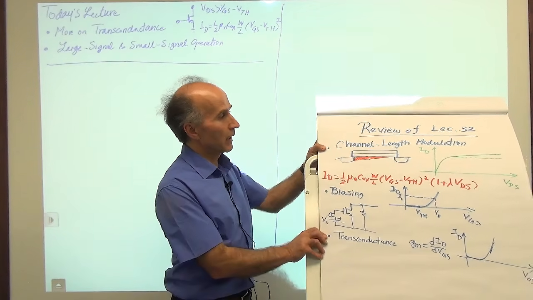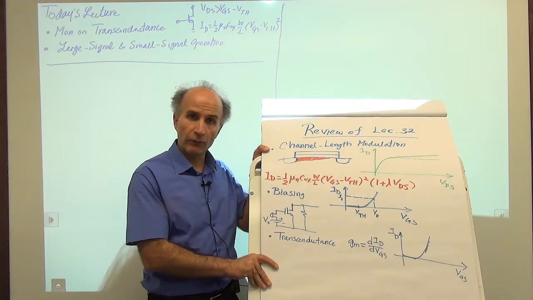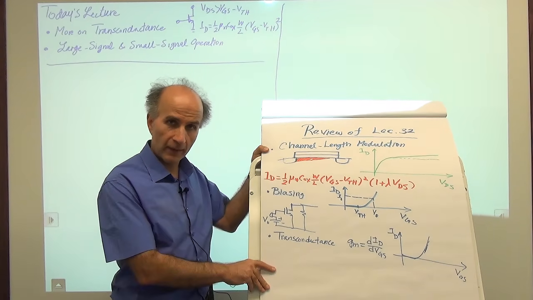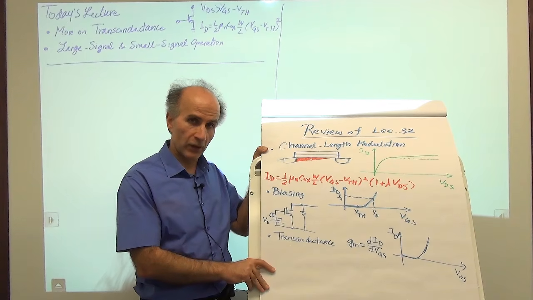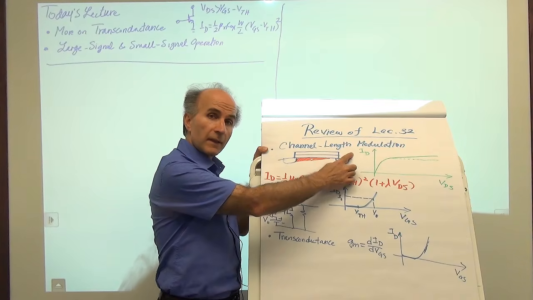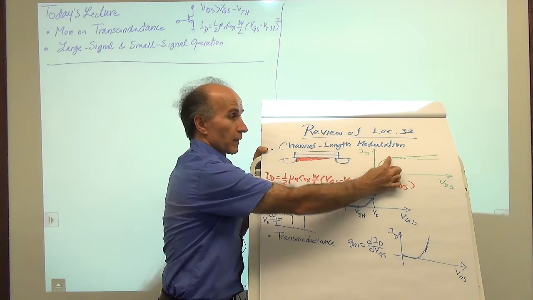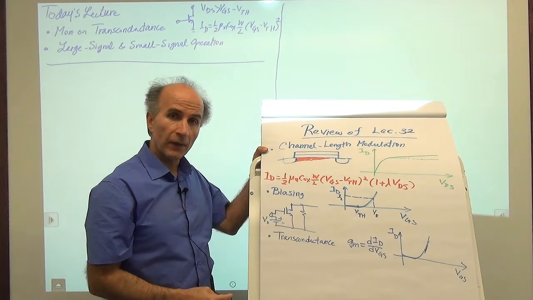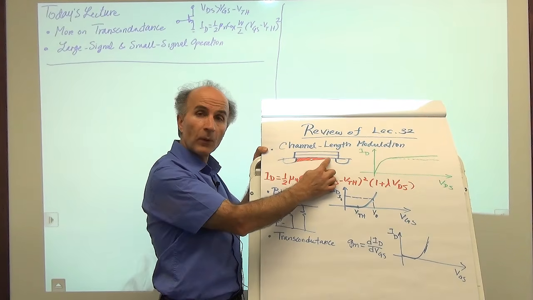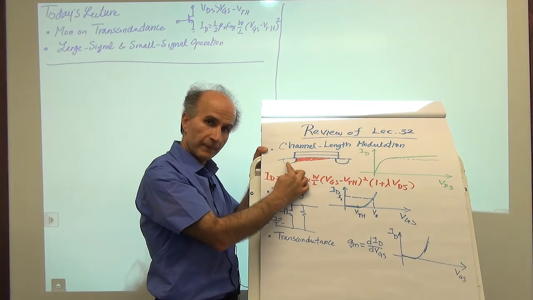In the last lecture, we went into one second order effect in MOS devices, namely channel length modulation. And we saw that as the drain voltage increases, assuming that we are already in saturation, so we are over this hump here, then the pinch-off point gradually moves to the left towards the source.